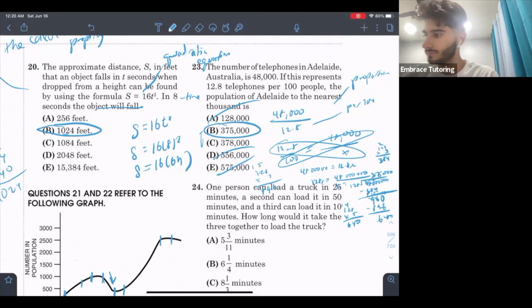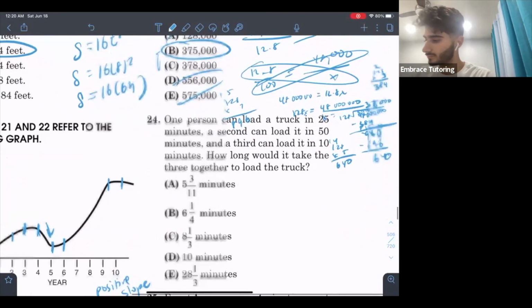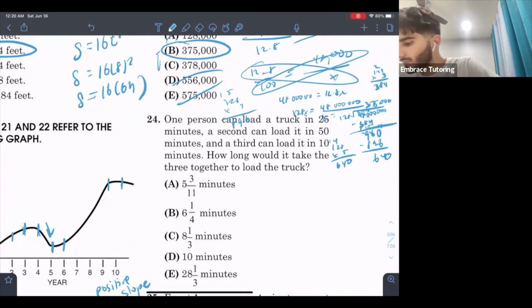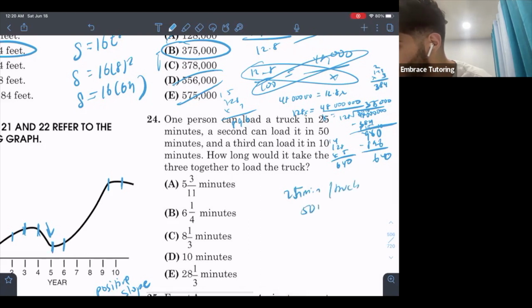24. One person can load a truck in 25 minutes. A second can load it in 50 minutes. A third can load it in 10 minutes. How long would it take the three together to load the truck? So it's 25 minutes per truck, 50 minutes per truck, and 10 minutes per truck.